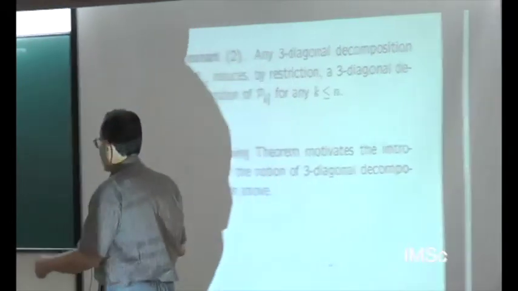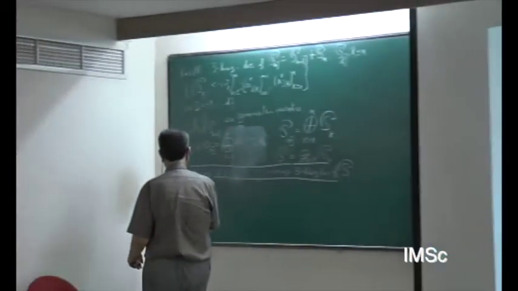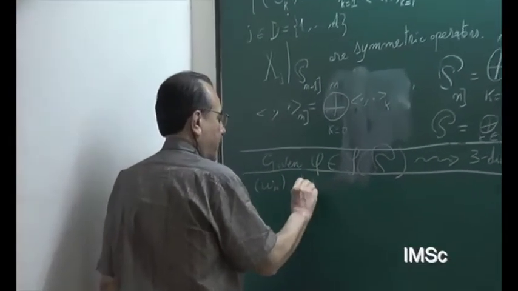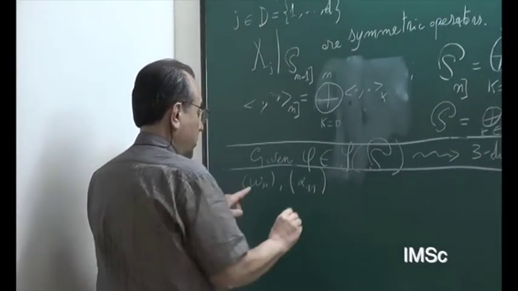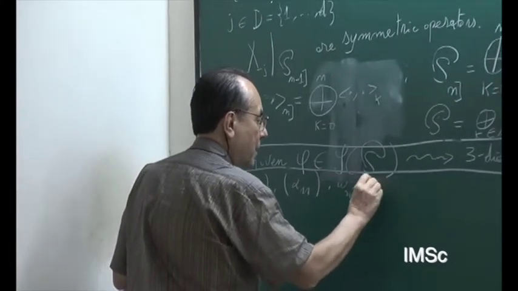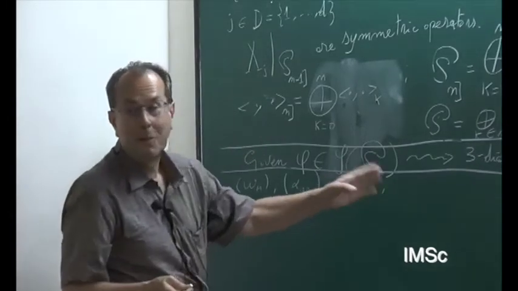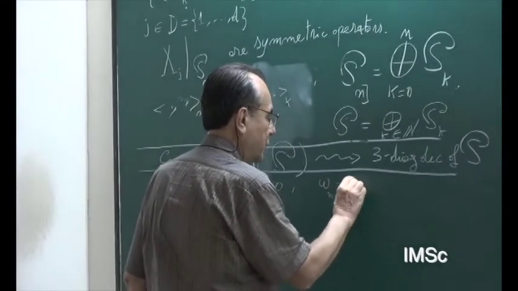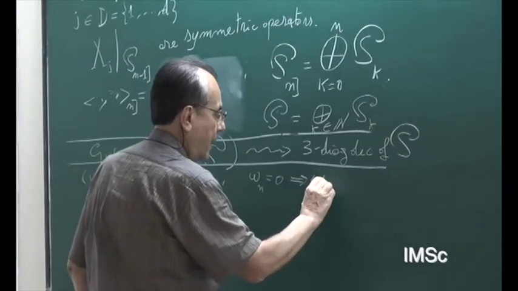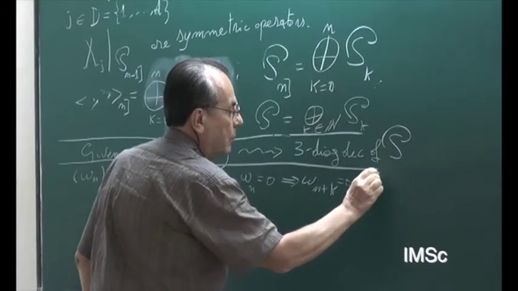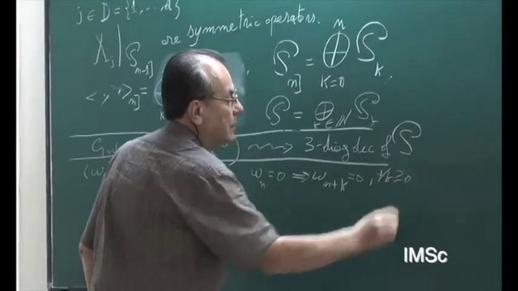I will write the two Jacobi sequences, omega n and alpha n. This is the principal Jacobi sequence, which is not only positive, but has the famous compatibility condition that omega n equal to 0 implies omega n plus k equal to 0 for all k greater or equal than 0.